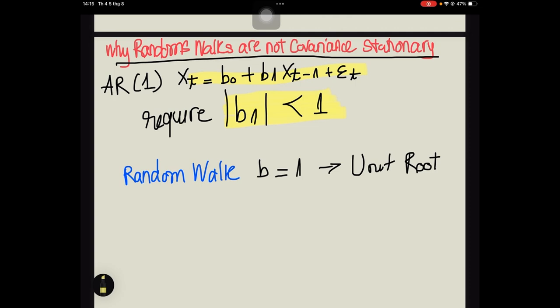But a random walk has b_1 equal to 1. The previous value has a permanent effect. A shock today never disappears. It becomes part of all future values. This creates what we call a unit root. A unit root means the autoregressive coefficient equals 1, and this is the key reason random walks are not covariance stationary.